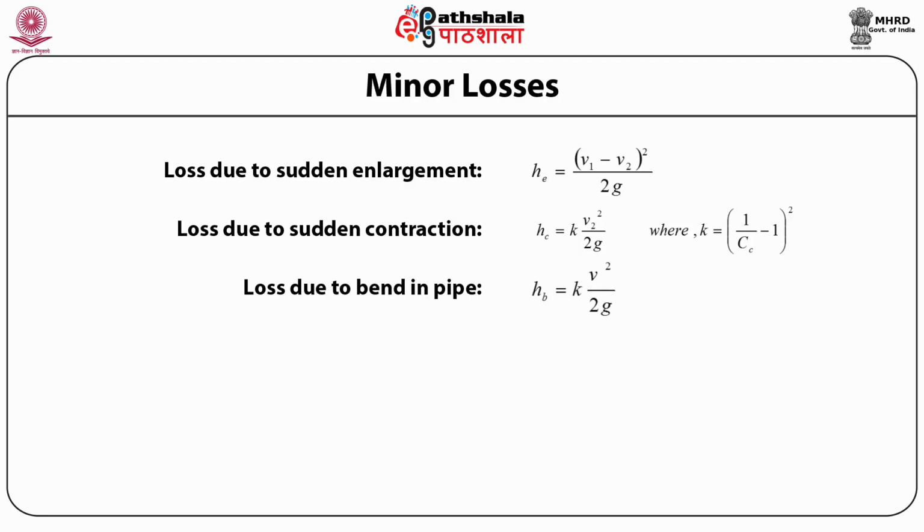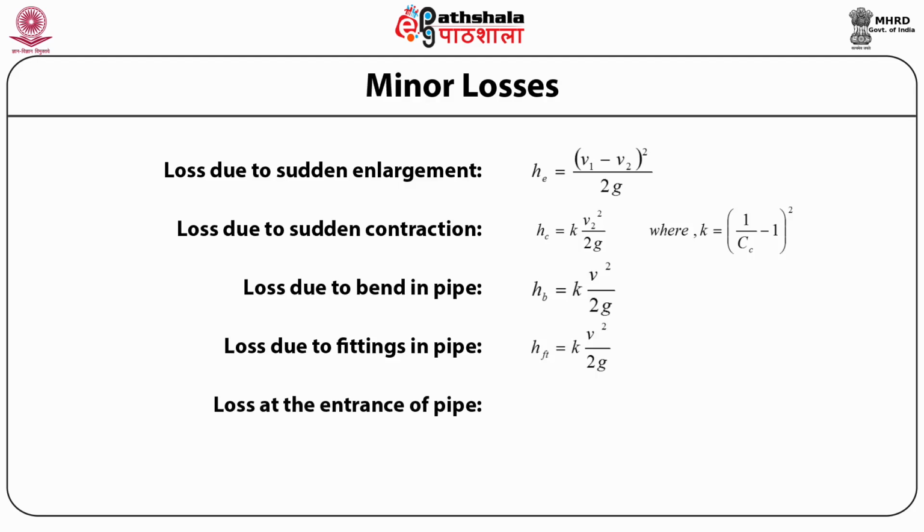K here is bending coefficient. The fittings like pressure gauge, thermocouple, etc. in the pipeline disturb the normal flow region. The loss of head will be, in this case, K into V square by 2g, where K is the coefficient of pipe fittings.